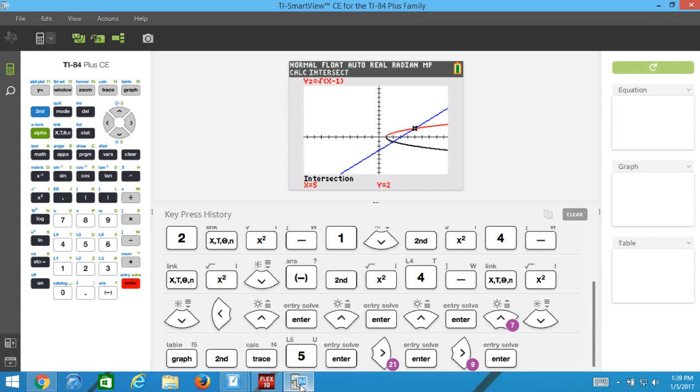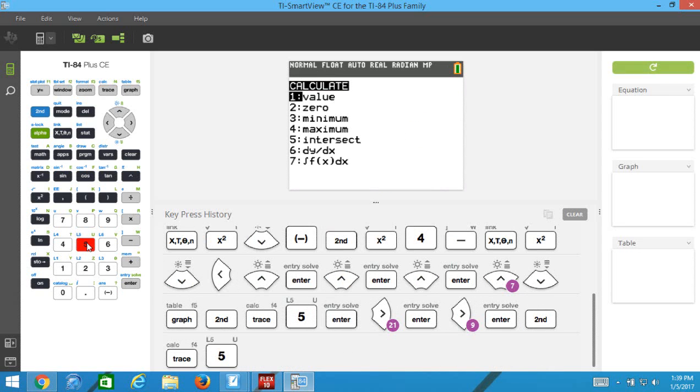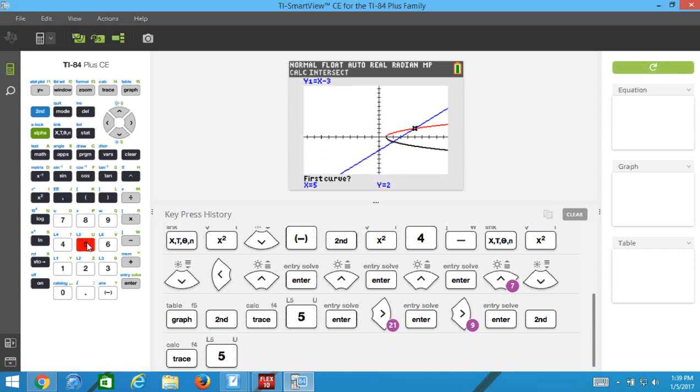You guys need help before I go on? I'm doing the other intersection. So second trace, intersect, 5. I can't tell what line it's sitting on right now, so I'm going to use my arrow so I can see. Oh, okay, it's on the blue one. I'm good. And then second curve. I just did the red one, so I don't want to do that again.